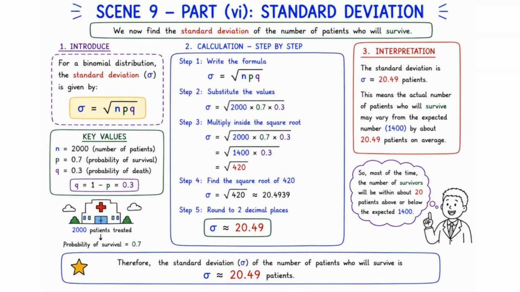So for binomial distribution, the formula is sigma equals the square root of NPQ. So again, substitute the values. So inside the square root, we calculate 2,000 multiplied by 0.7 multiplied by 0.3.